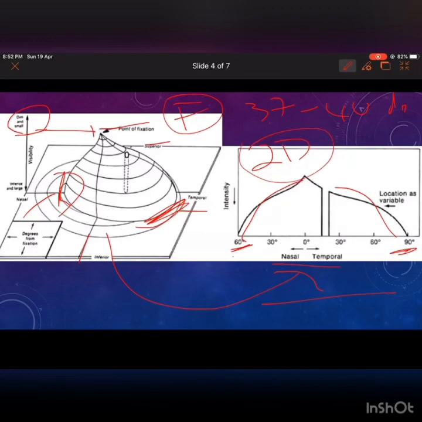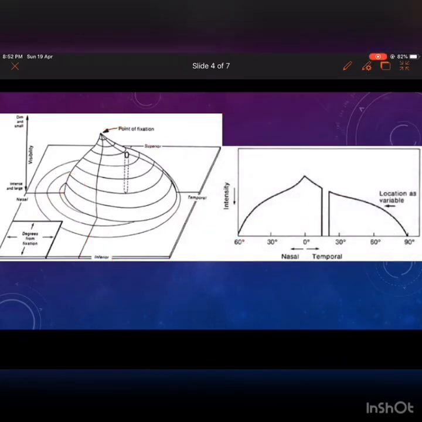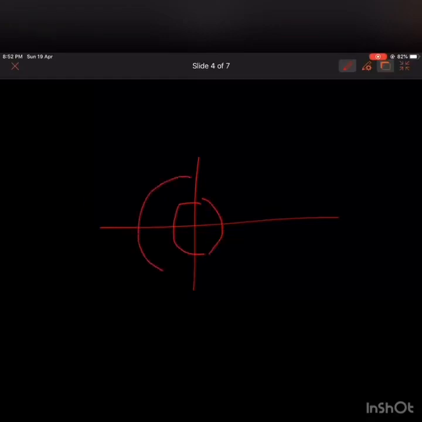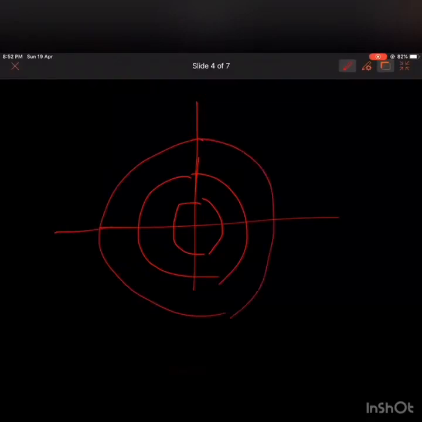And your blind spot is around 10 to 20 degrees. Within the 10 to 20 degree visual field, you will have the blind spot at around 15 degrees. If this is your central 10 degree, 20 degree and 30 degree, this is the 20 degree and 10 degree area from the point of fixation.